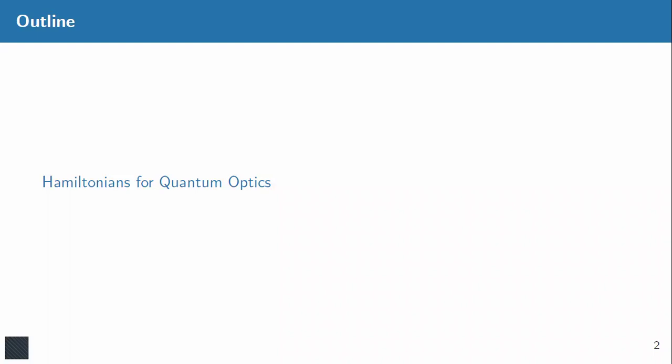So Hamiltonians are usually the key components to decipher and get the key insights about the quantum system. We can get the energy levels of a certain system, and we can also see how the system evolves in time by building the operators or unitary operators associated with that Hamiltonian.